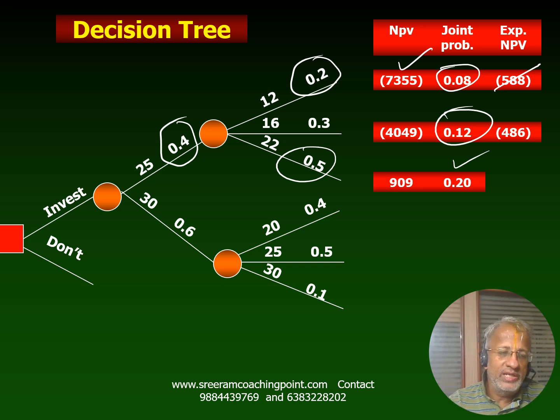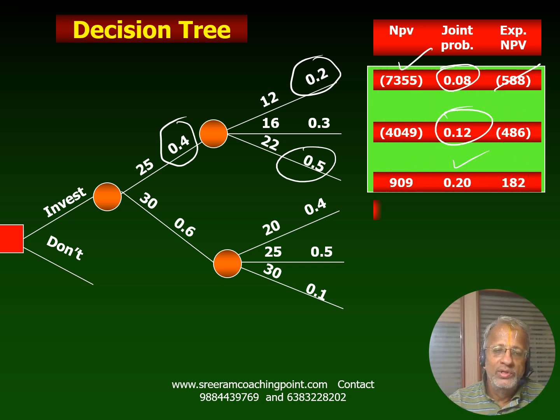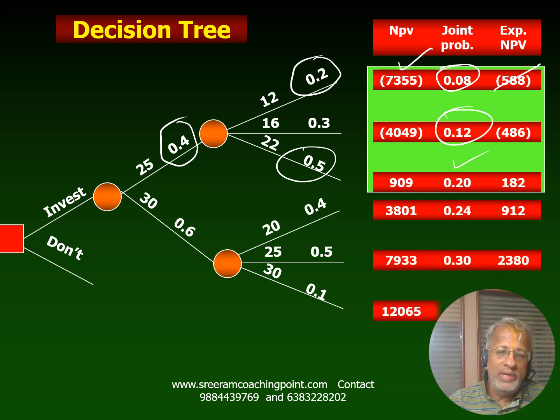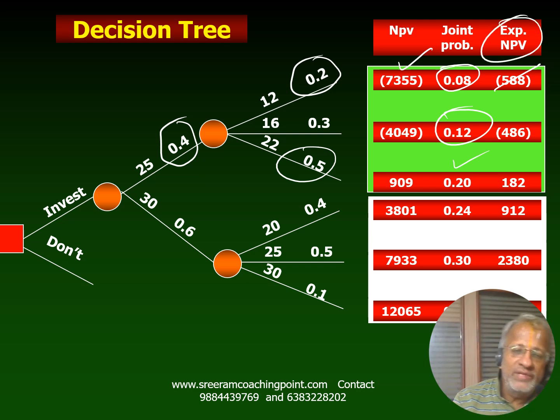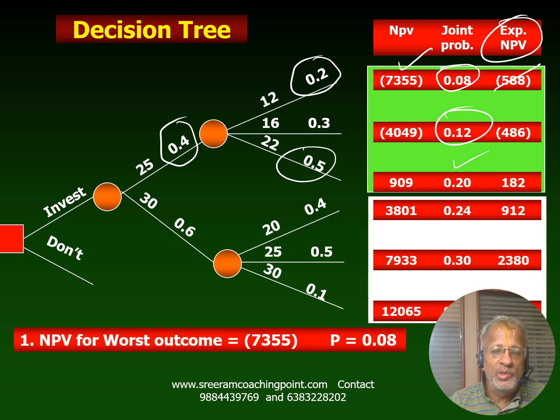That's the way we are expected to arrive at the values. Once this combination is worked out, because the computation is going to be the same, we are expected to total up the expected net present value, and that is going to be the net present value for the project as a whole.